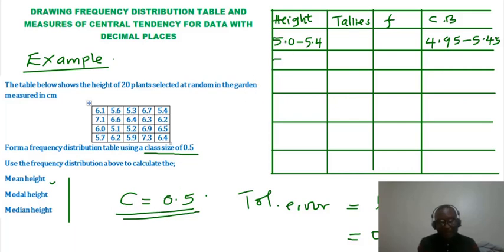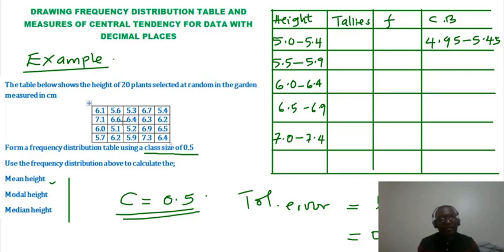We get here 5.5 plus 0.5, we get 6.0. This is 6.0 to 6.4, and this will be 6.5 to 6.9. And this will be 7.0 to 7.4. So our biggest value is 7.3. It is already covered. So the next thing is we are going to get the tallies.